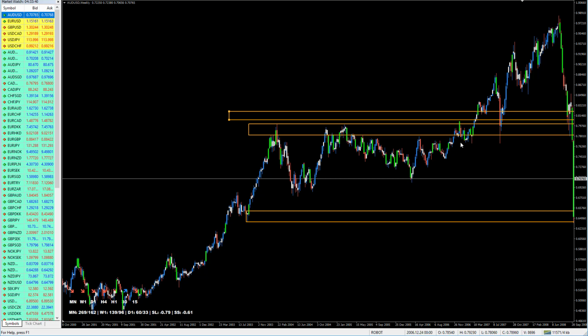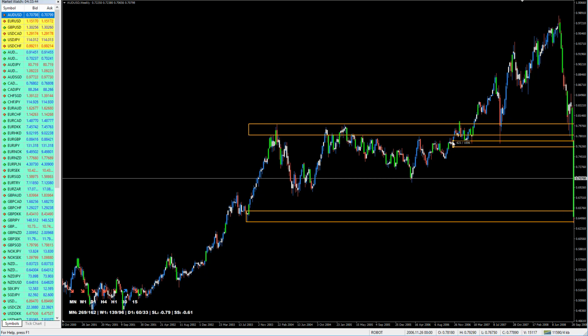It went up like that. We have this one here, but this is not a very interesting area because it's a continuation pattern. These are less high probability than these major lows here. Price tested it a few times, but we have this down here, which is a little bit better. The reason I don't like this much is because this is just a reaction to that.